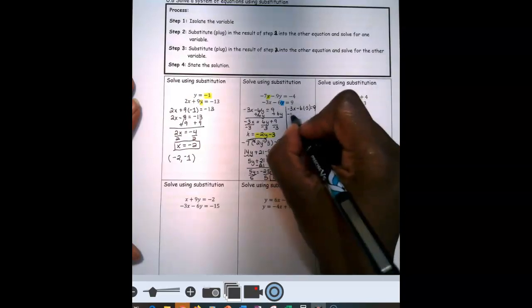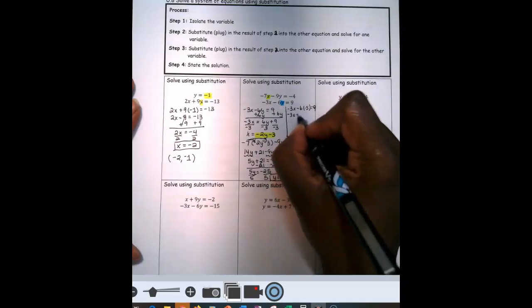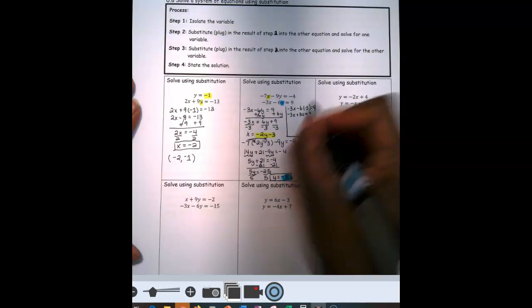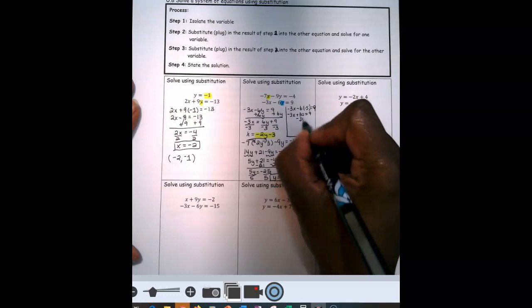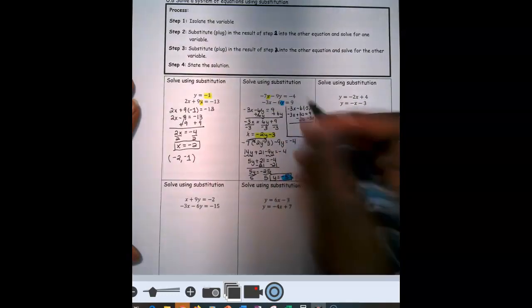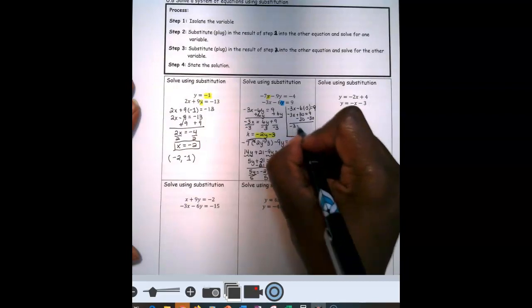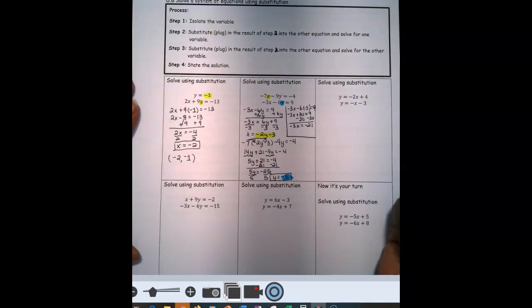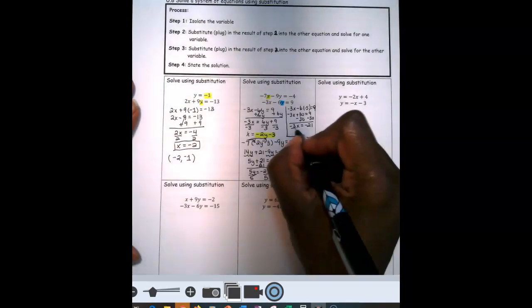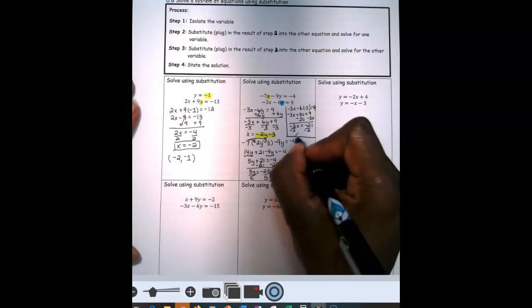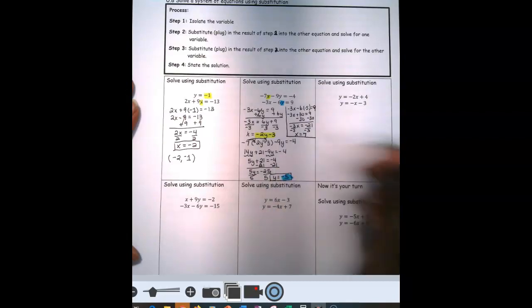So I've got negative 3x plus 30 equals 9. Subtract 30, subtract 30. That gives me negative 3x equals negative 21. Divide by negative 3. Divide by negative 3. X, therefore, is 7.